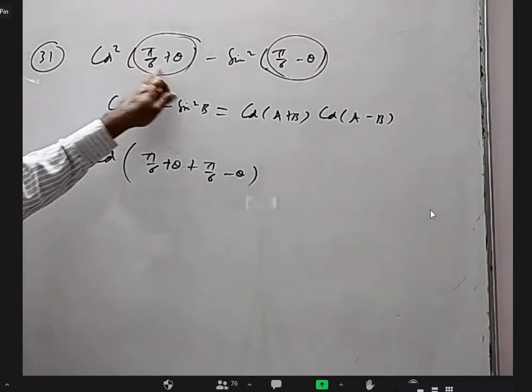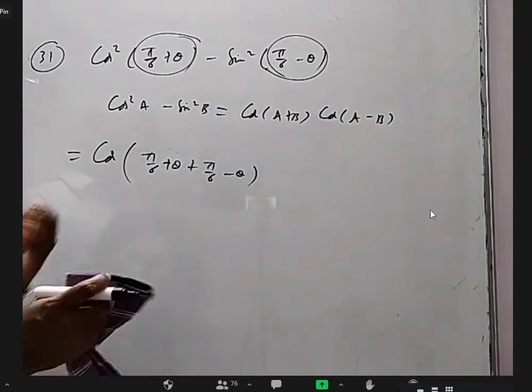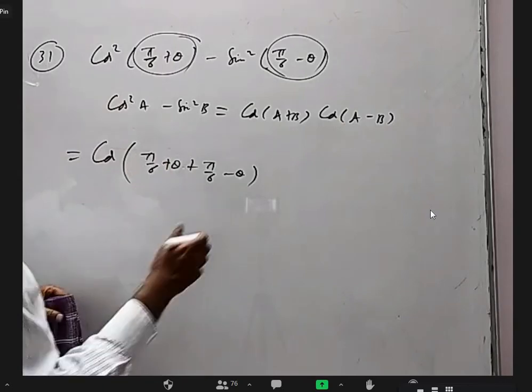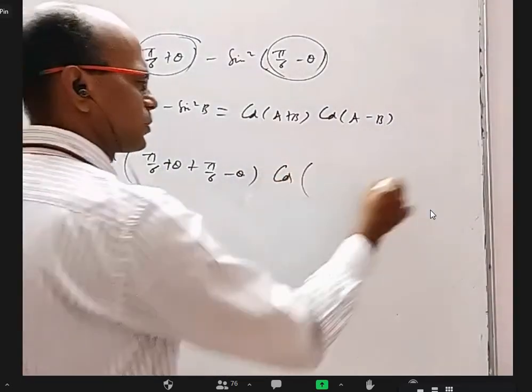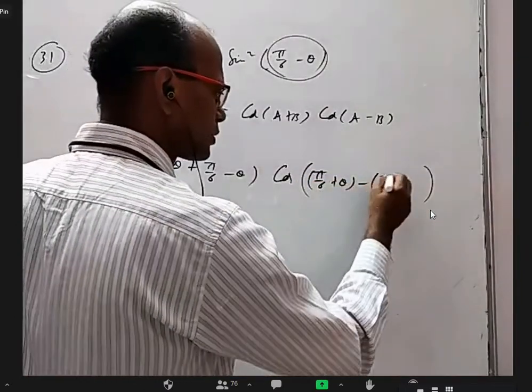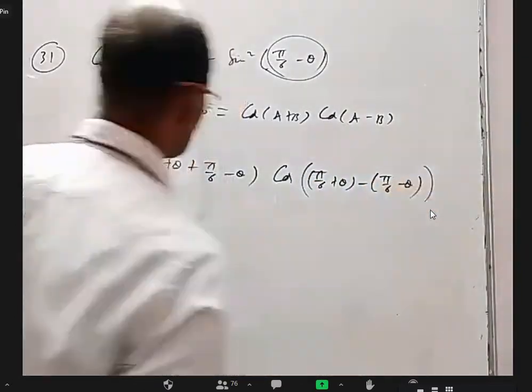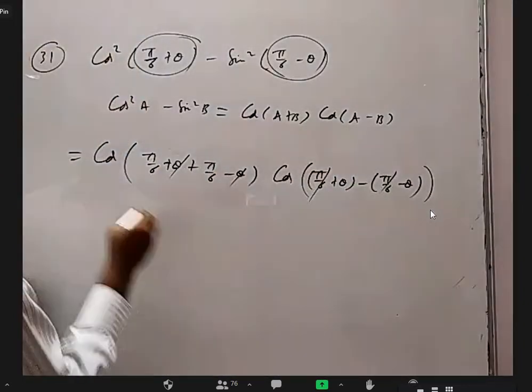You don't have to use cos A plus B formula here, expand it, sin A minus B formula here, expand it. You can do that also, answer will come, but you can do directly this. This into cos A minus B, that is pi by 6 plus theta minus pi by 6 minus theta. So here theta will cancel, here pi by 6 will cancel.